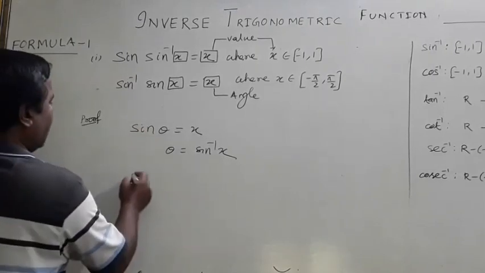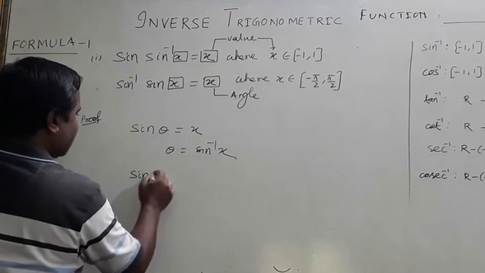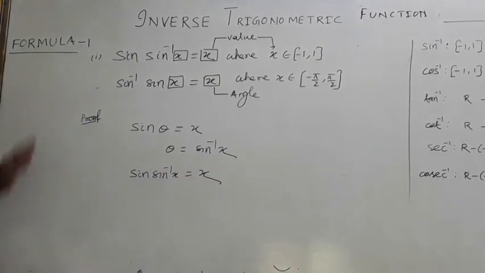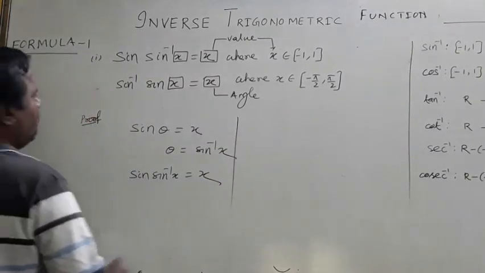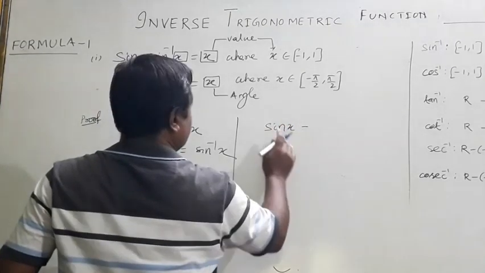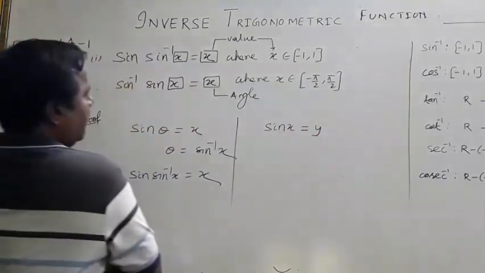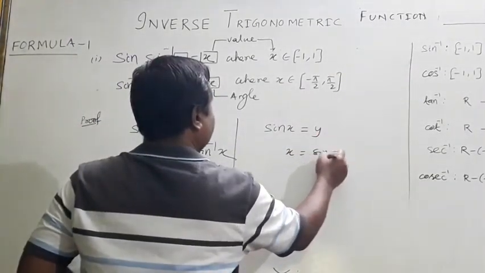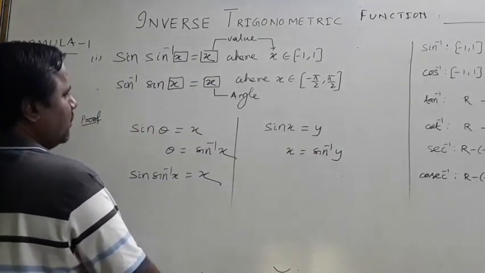Now I am putting theta as sin inverse x in sin, and it is x. So the first part is over. Next, the second part. Suppose sin x is equal to y. Then tell me, what is x? It is sin inverse y.